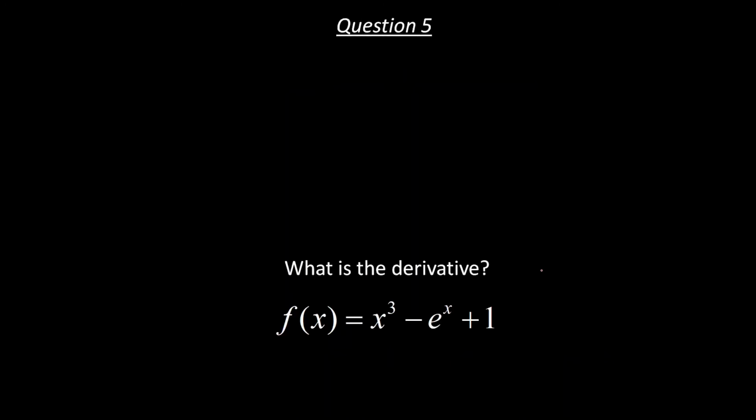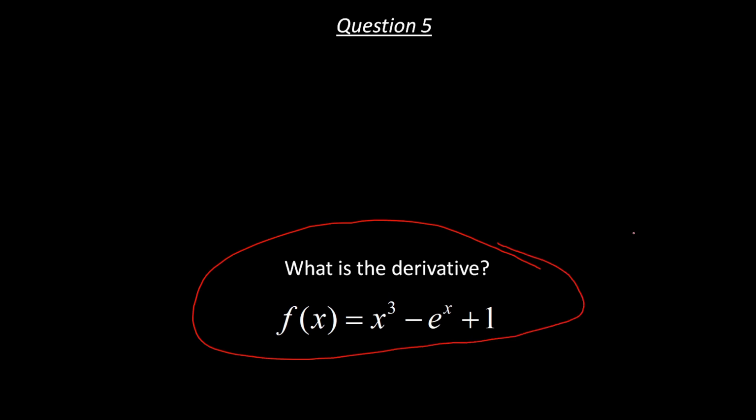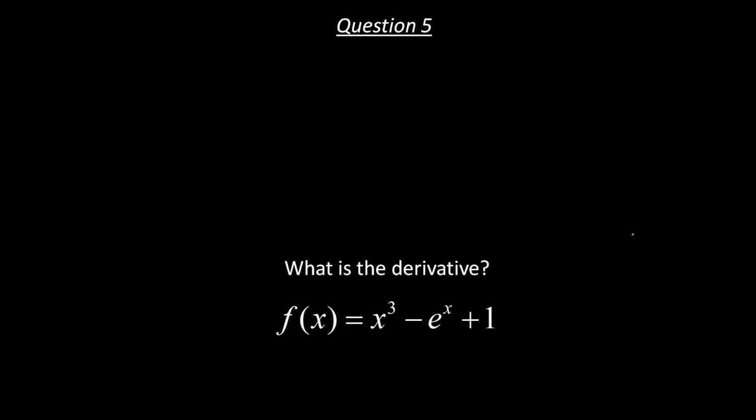Question 5. What is the derivative? Well, the derivative distributes, so we can do them term by term. We first recognize we have a power function, and that derivative pattern gives us 3x squared.